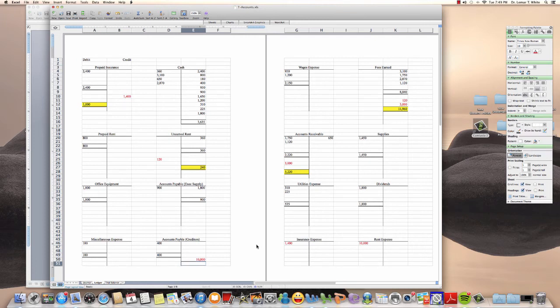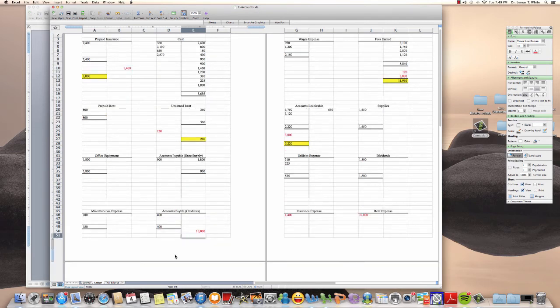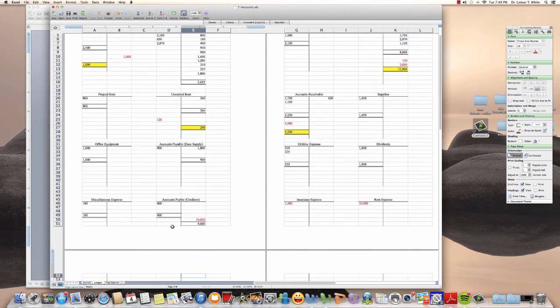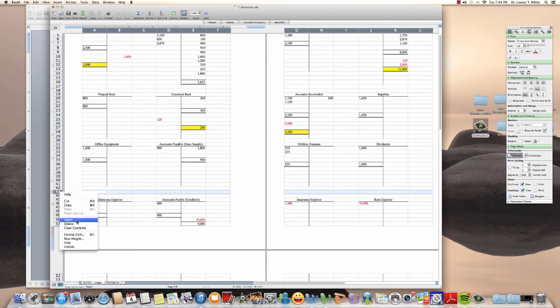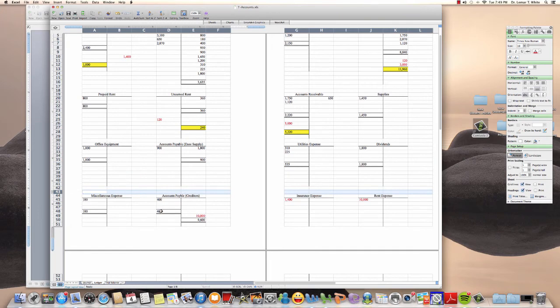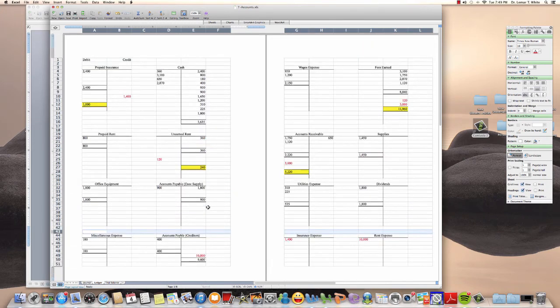I had a debit of $400, and I have a credit of $10,000. So I subtract these two numbers, and that gives me a new balance of $9,600.